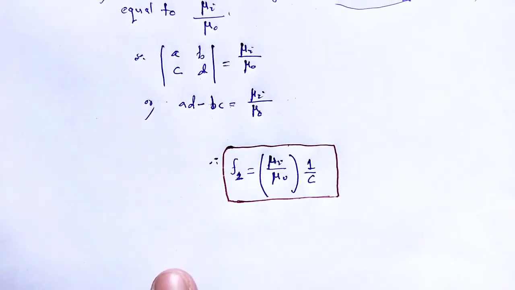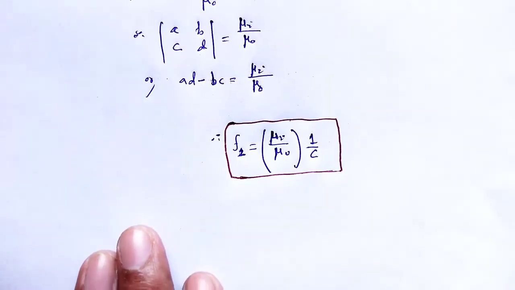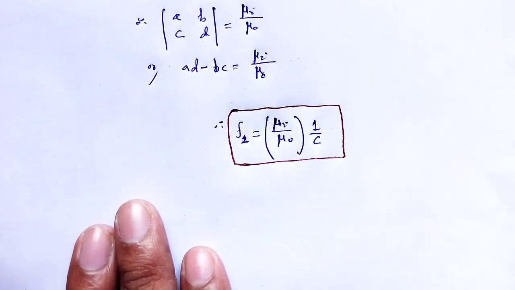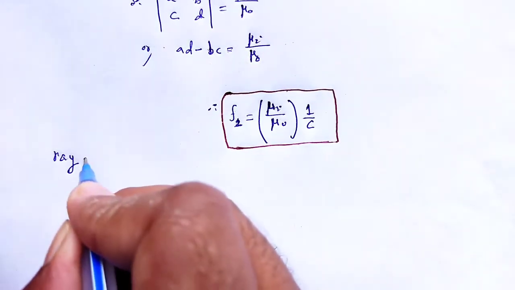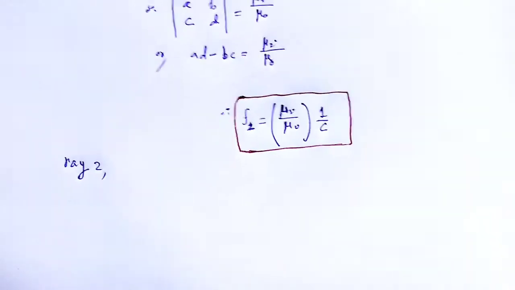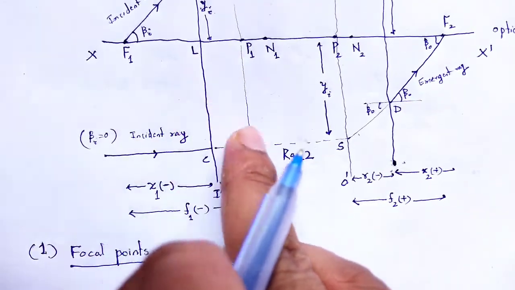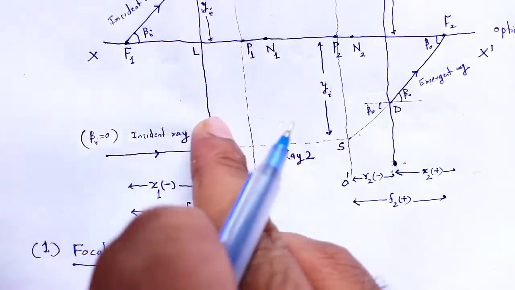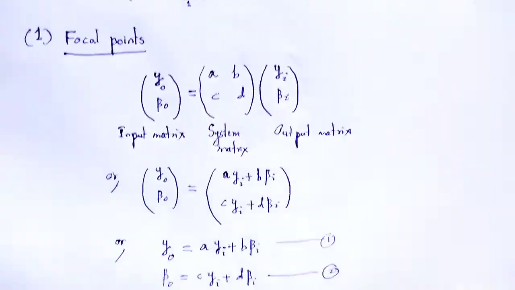Next we can calculate F2 for ray 2. Look at that figure, for ray 2 beta I is equal to 0 as it is parallel to the optical axis.